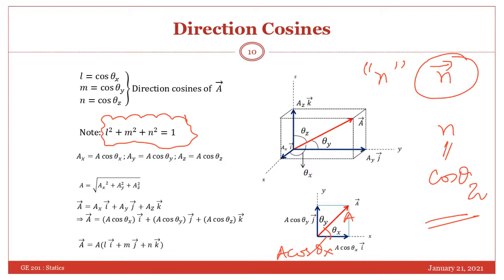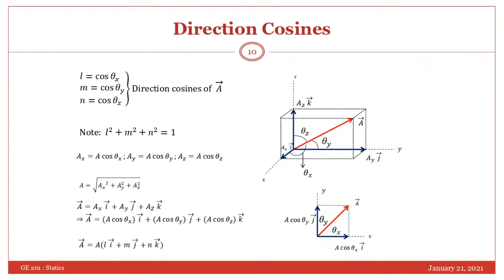Exactly the same way, here this will be equal to A cosine theta y. And why it is like that, let me tell you, because maybe you see, if this is a magnitude of 50 Newton and this is say theta.